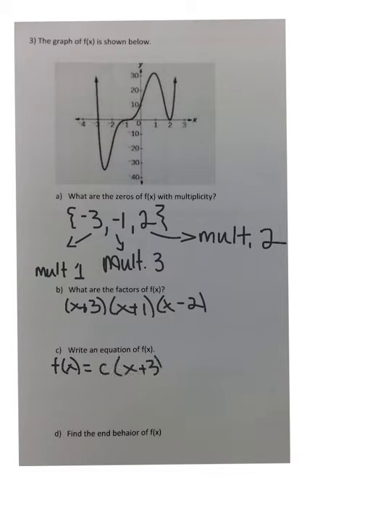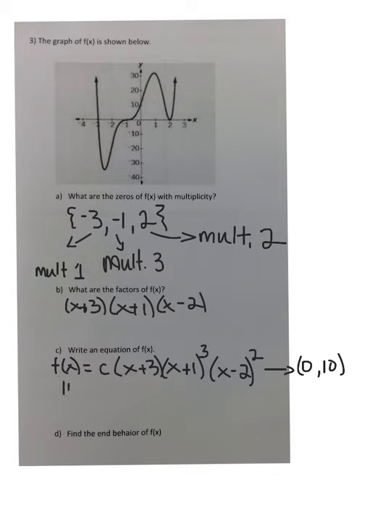Now remember, because we have a change in concavity at that x equals -1 spot, that means we're going to have a degree 3, or multiplicity 3, I should say, I'm sorry. And then this guy would be x minus 2, and that's a tangent, so that value is going to be squared. Okay, I like to use the y-intercept, so I'm going to use 0, 10 as the point that I'm going to plug in.